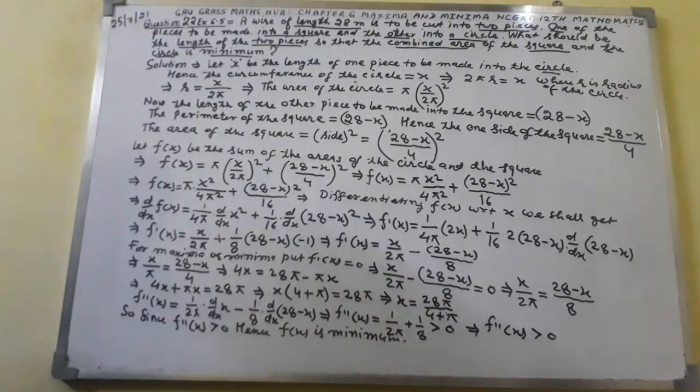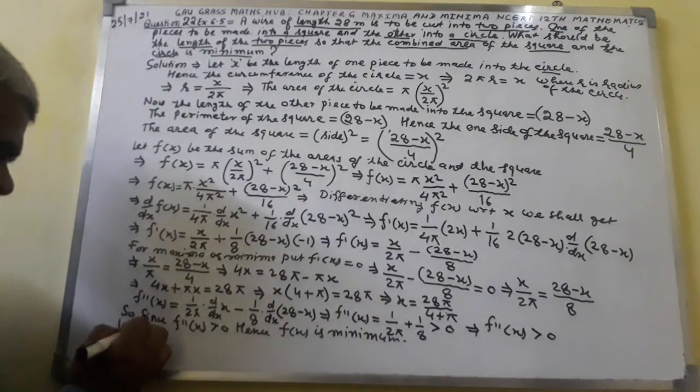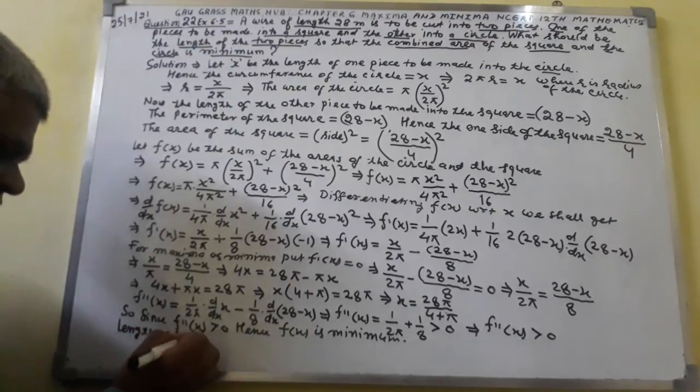Now first value we have got x equal to 28 pi whole over 4 plus pi. Now I shall find the length of the other piece, the other piece into square.